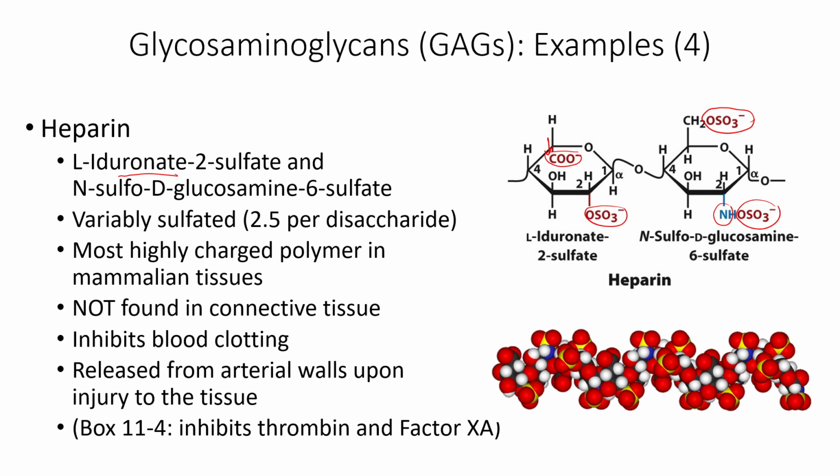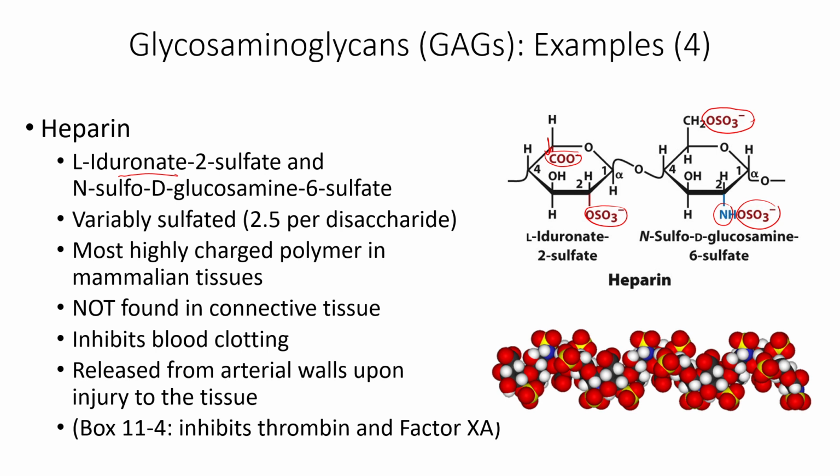And in addition, we have that charged group on that oxidized 6 carbon on that first sugar. So this sugar is extremely charged, right? We looked at all those negatively charged groups. And in fact, this is the most highly charged polymer that we see in mammalian tissues, which makes it really, really just love water. And it is not found in connective tissue. It actually has a different function that I will talk about in just a moment.